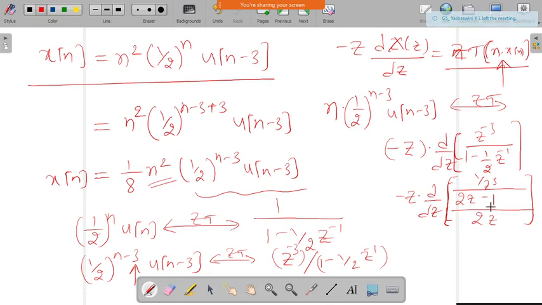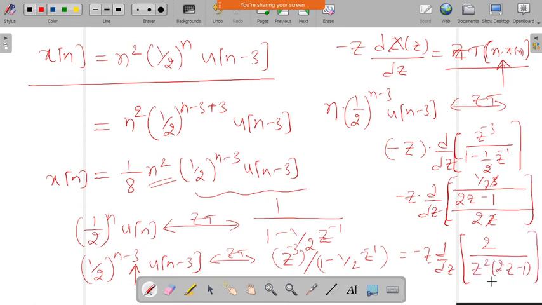Now this z cube and z cancel each other and we remain with z square, so that gives minus z into d by dz of 2 divided by z square into 2z minus 1.